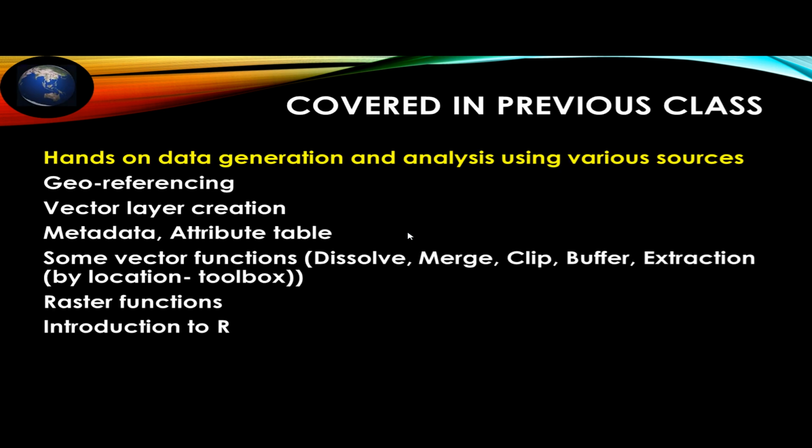In the last class, I covered hands-on data generation from different platforms like USGS, Google Earth, Bhuvan. Then how to do georeferencing, which I told you in my previous classes, and I located the Chennai region Survey of India map using georeferencing in our QGIS.